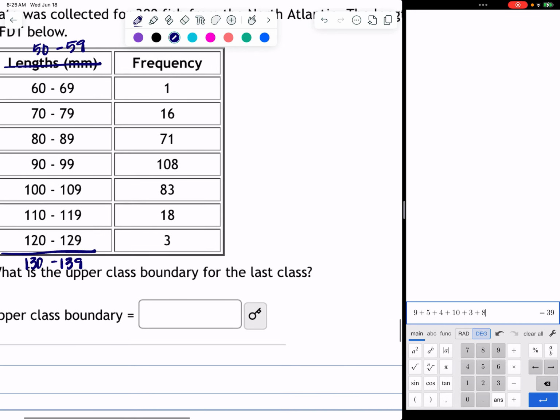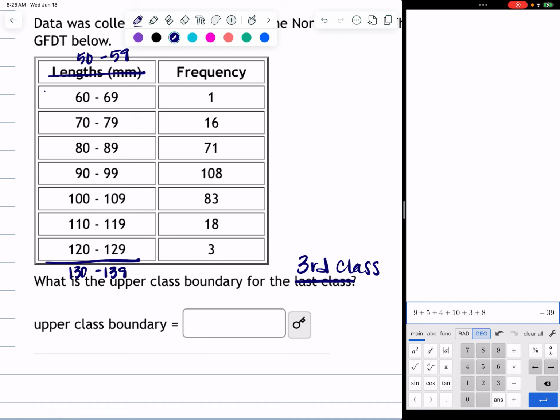I'm going to do the third class. So I have the first class, the second class, and the third class. So the row I'm interested in is this one.